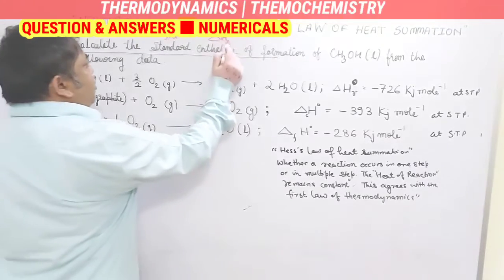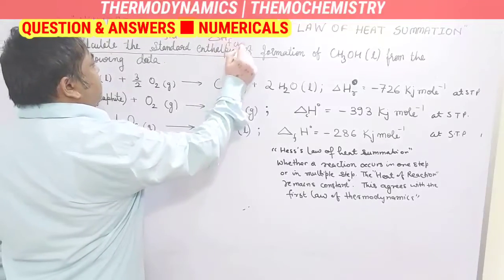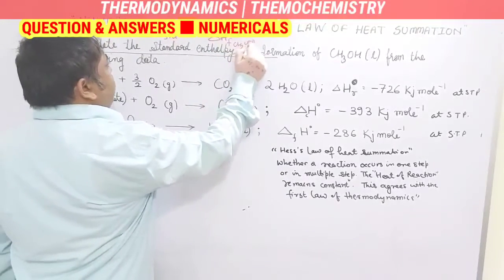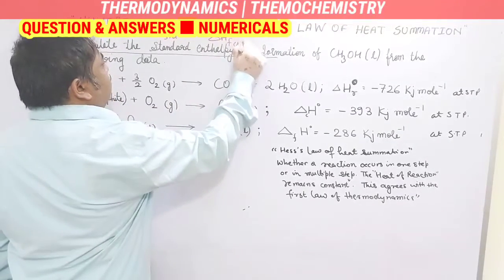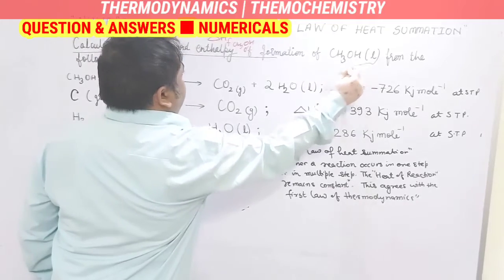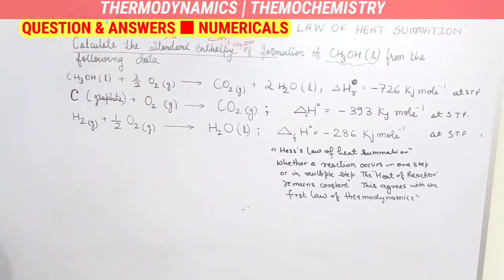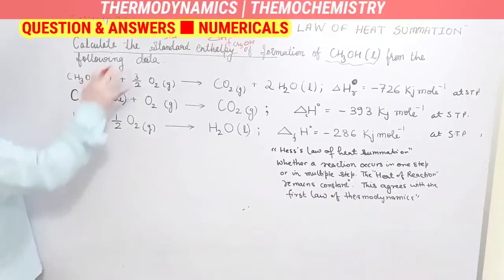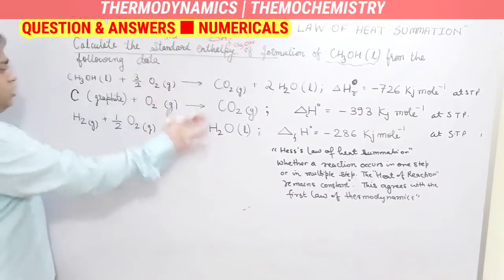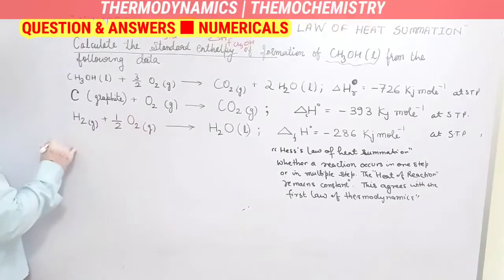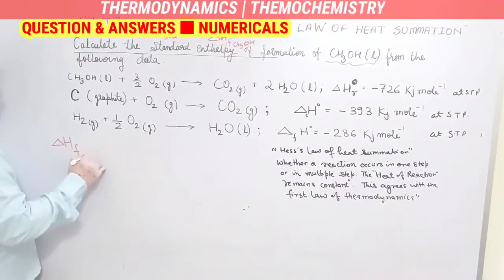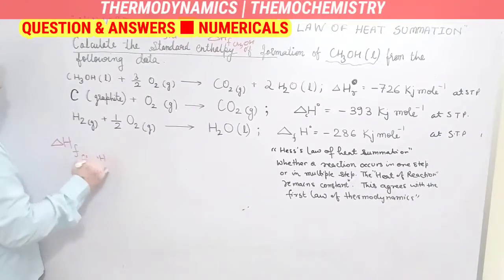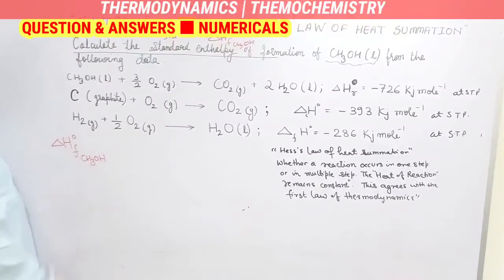Of formation of methanol, CH3OH. So for methanol to be formed, what is required? We have to write a target reaction, and these are the data given. Using this data, we have to find out the standard heat of formation of methanol.